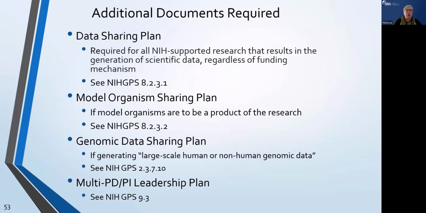And if there are multiple PIs, it's important to know that NIH does not recognize co-investigators or co-PIs. They recognize multiple PIs. You can have a grant application with 3 PIs, but one will be a contact PI.